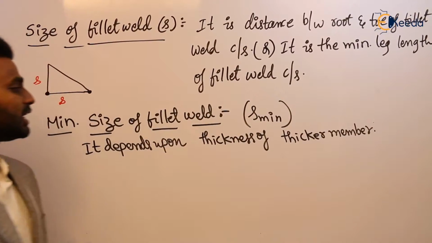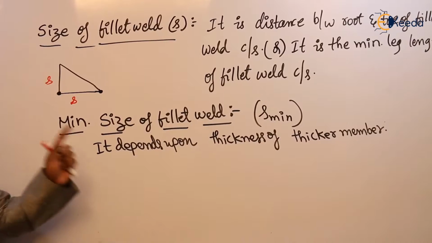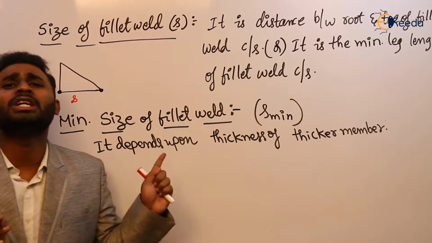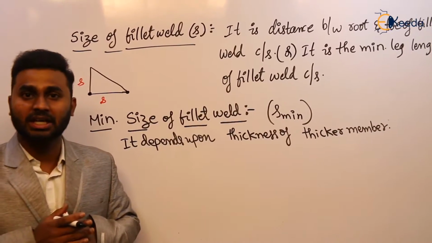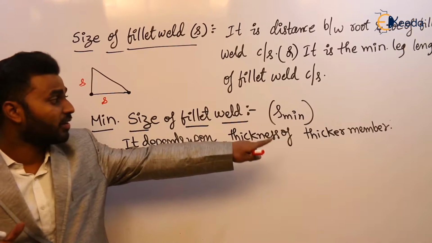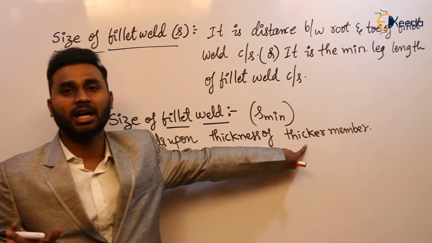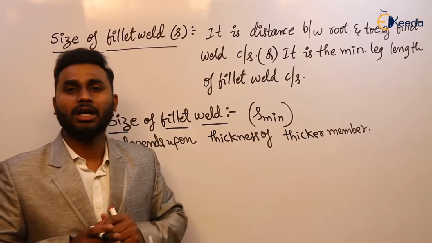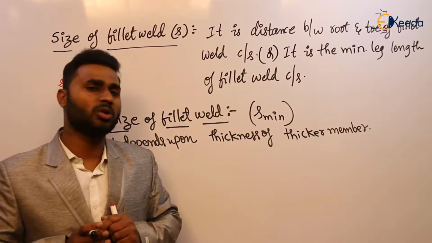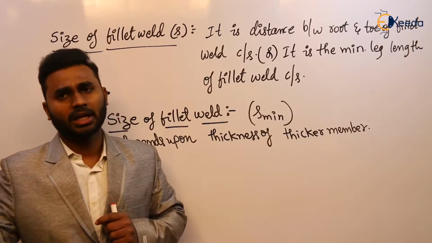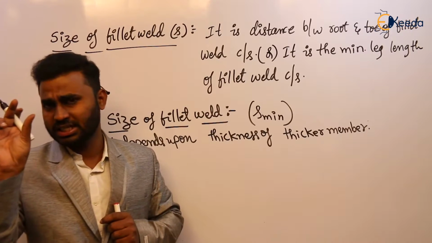Observe here: this is the only provision in the entire design of steel structures that depends on the thickness of the thicker member. So far we have discussed many provisions regarding pitch, like 12T or 200 mm, or 16D or 200 mm, and 32T, so many provisions in which T is involved.